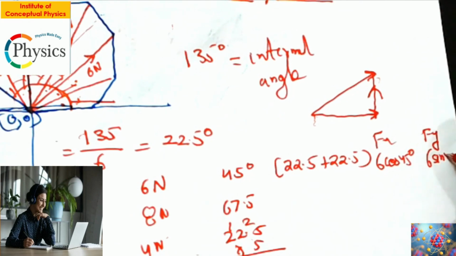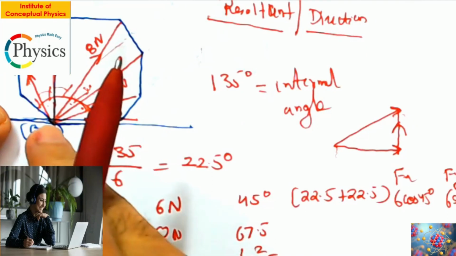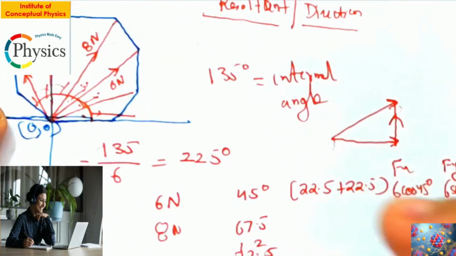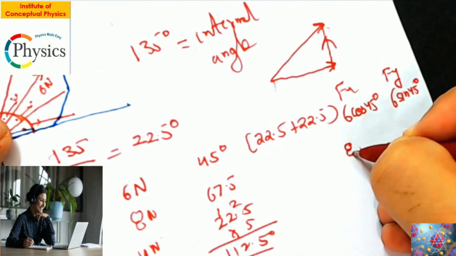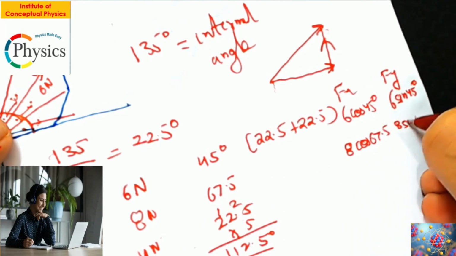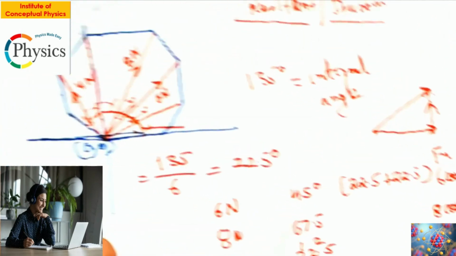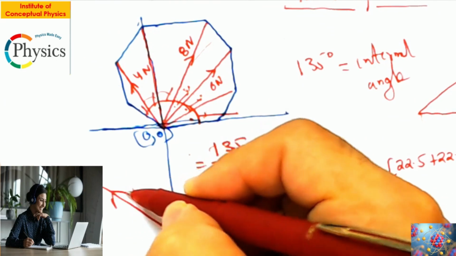The opposite component is the sine component. Similarly, for 8 newtons, let's write it as 8 cos 67.5 and 8 sin 67.5. So now we have started using the concept of resolution of a vector.